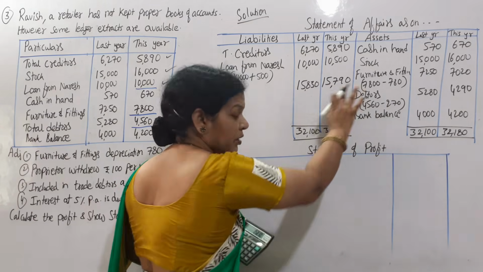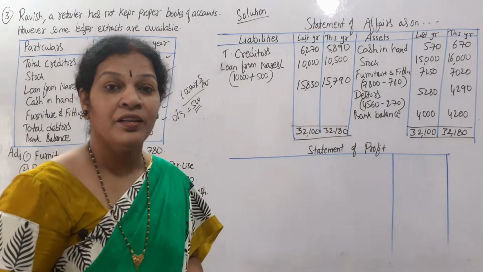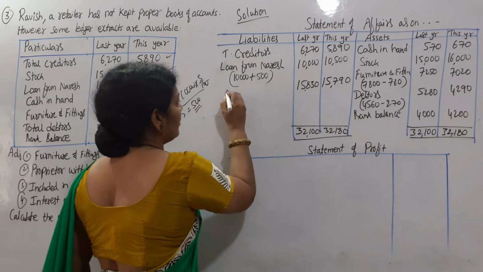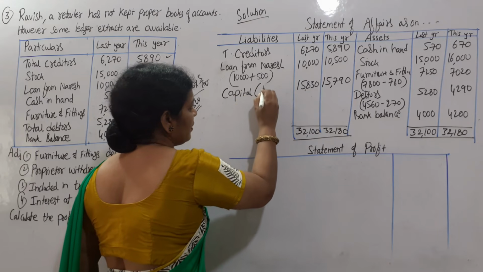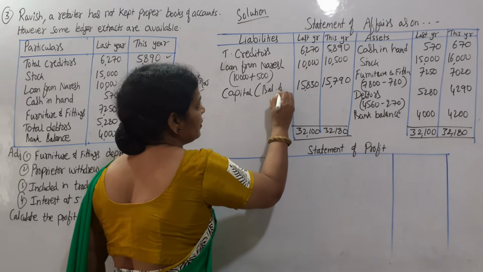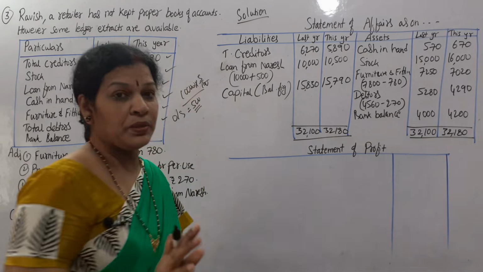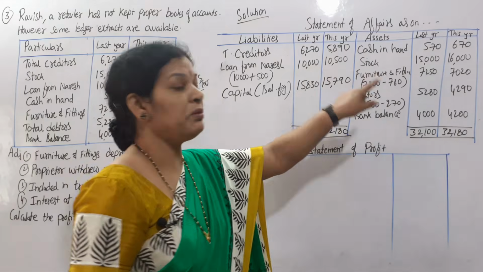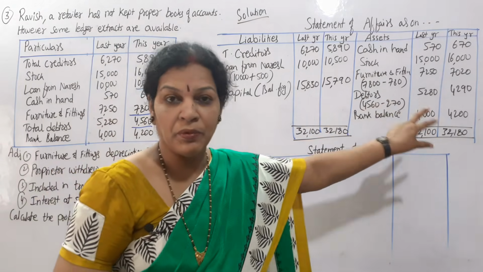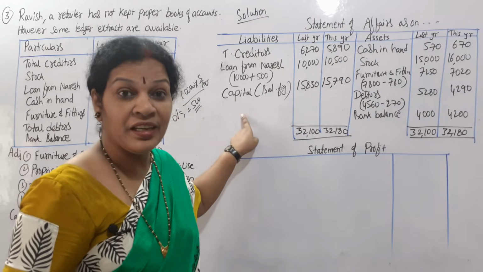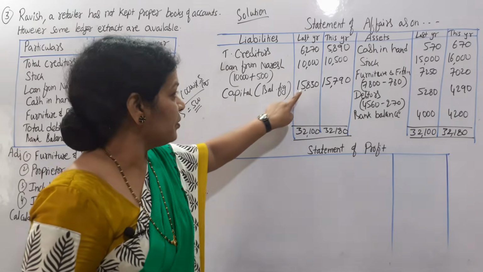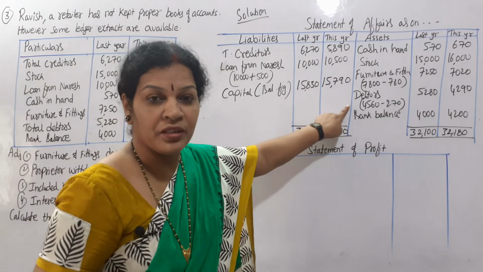What are these? These are capital. In brackets I'll write this is the balancing figure. Always remember, as we have done in the statement of affairs, assets will be more, liabilities are less. So the difference we call capital. This is opening capital, closing capital.